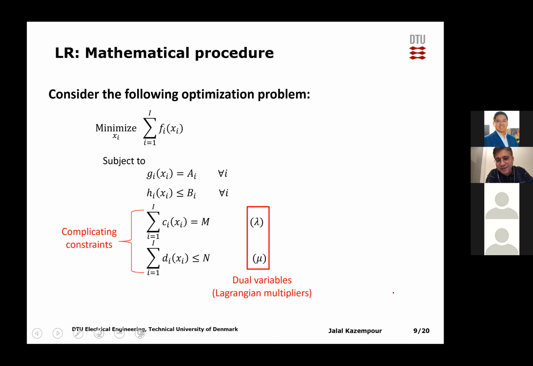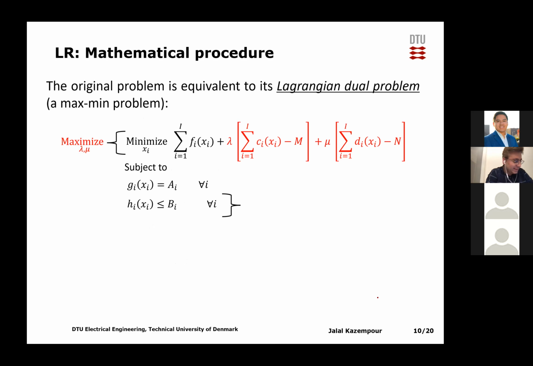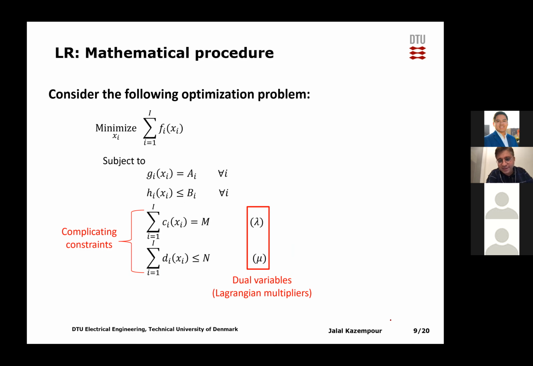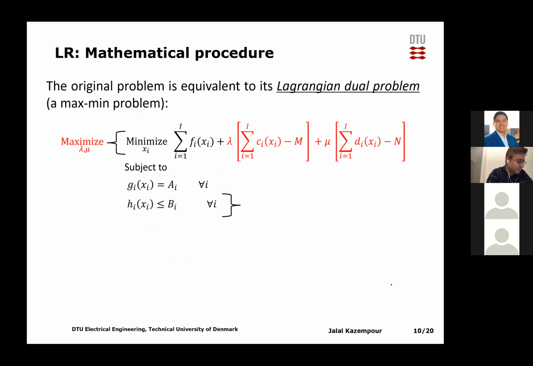So remember from lecture number 1 that we can write the Lagrangian function of the corresponding problem, which is this. In this case, what we write is the partial Lagrangian function.